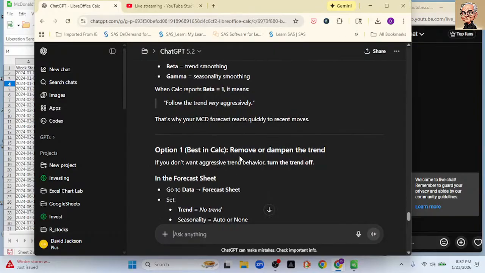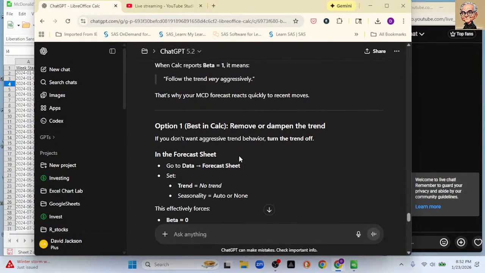Best in Calc, remove or dampen the trend. Interesting.